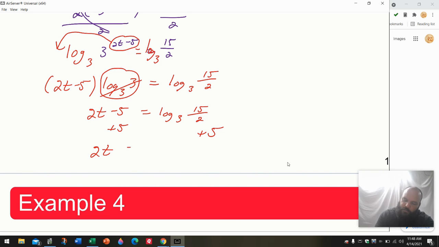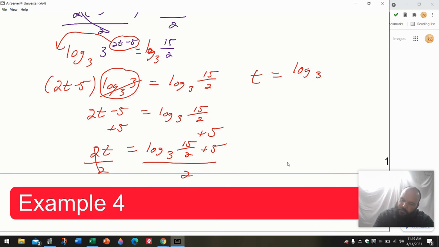So we're left with 2t equals log base 3 of 15 over 2 plus 5. And lastly, we'll divide this by 2 and then divide this entire expression by 2. And we will be left with t equals log base 3 of 15 over 2 plus 5, all divided by 2.